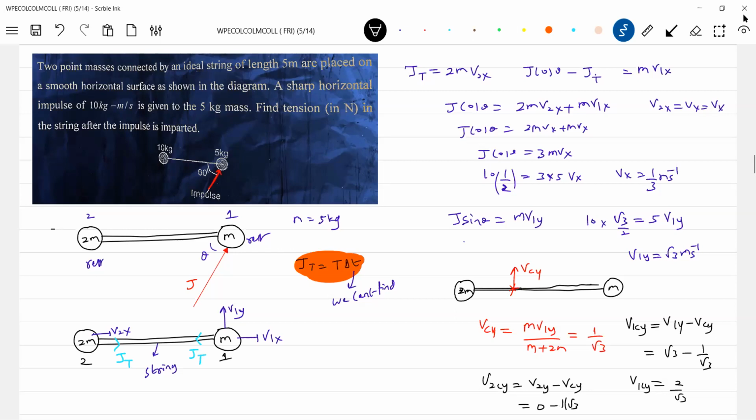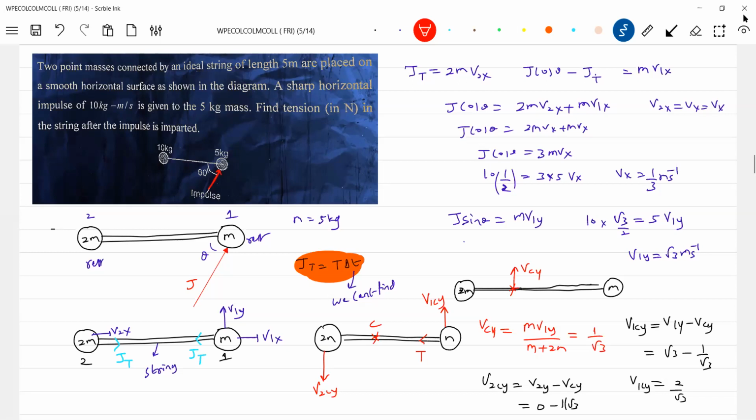In the C frame, how will these balls appear to move? This will move with a velocity v1cy, and this will be v2cy. In the C frame, the balls will appear moving in a circular path.